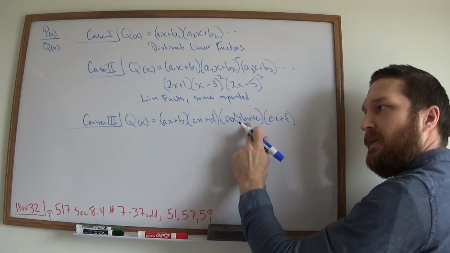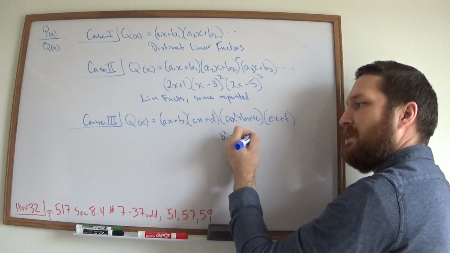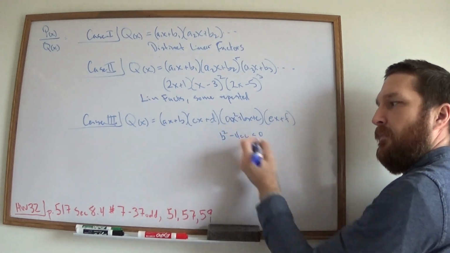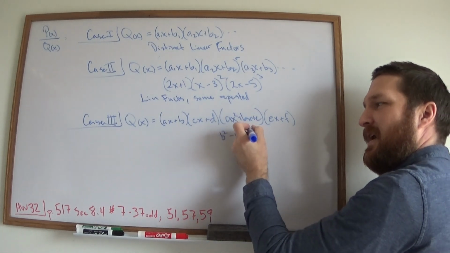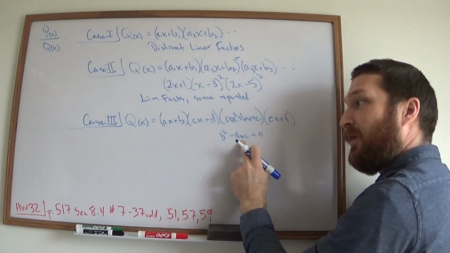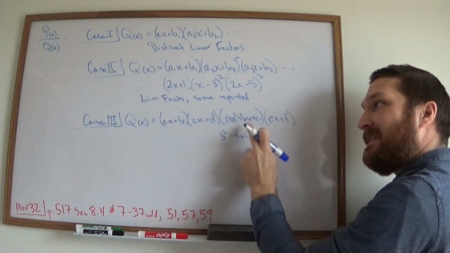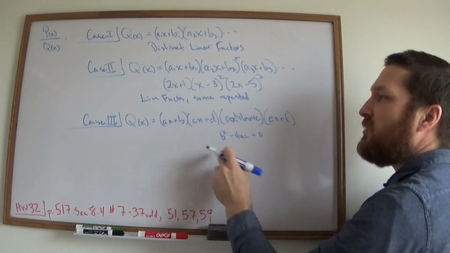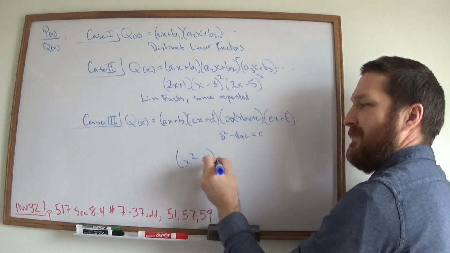But where this guy, where the discriminant, b squared minus 4ac, is negative. Because if that's negative, then think about if it factors, the square root of that thing is negative, so it has imaginary numbers. So just like if I had x squared plus 1, you might say we could factor that.